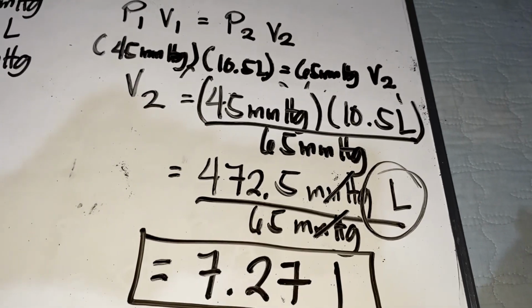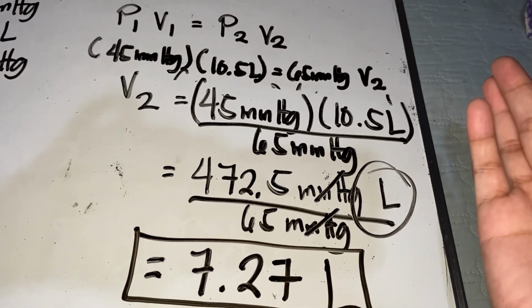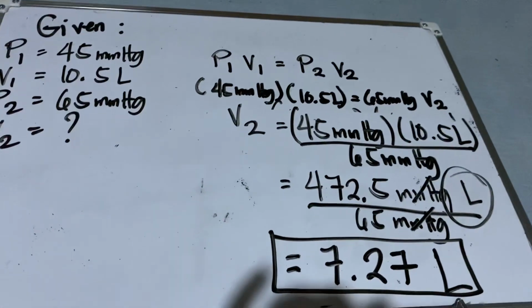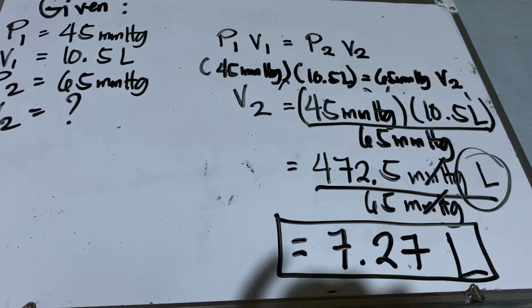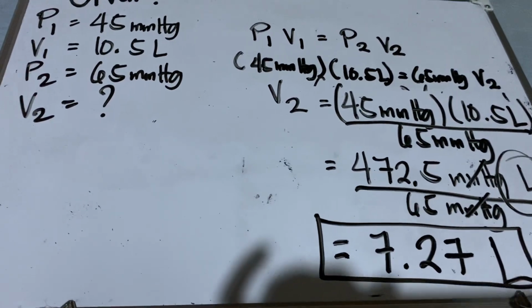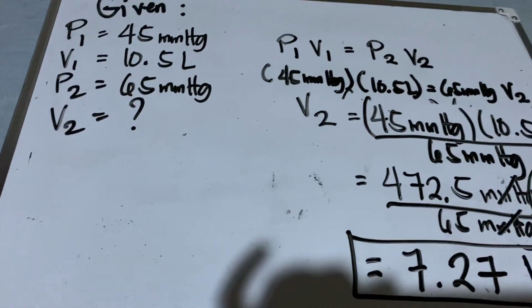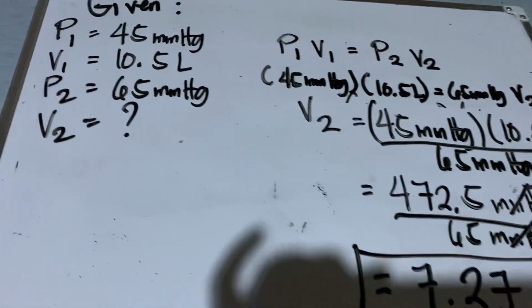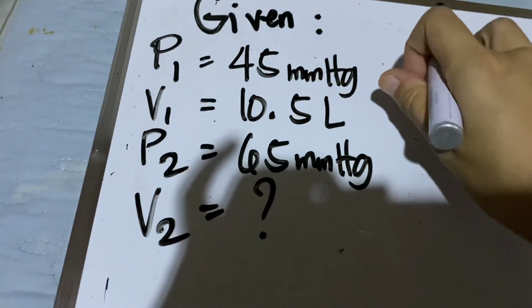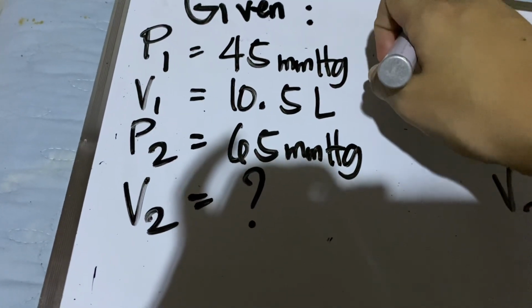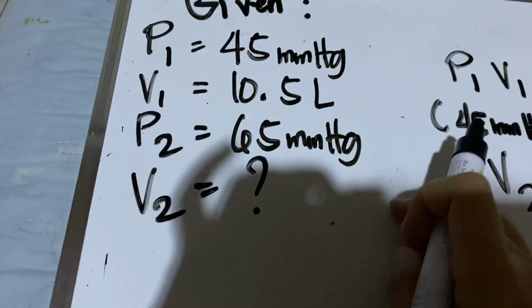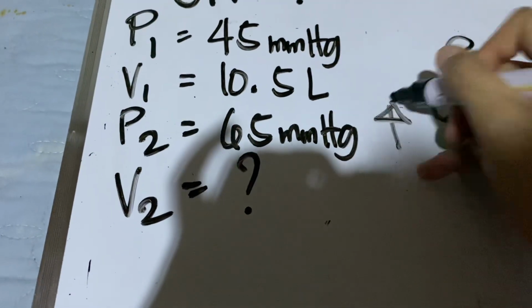So this is how easy it is to solve problems related to Boyle's law. Going back to the relationship between pressure and volume according to Boyle's law, it stated that these two are inversely proportional to each other. Now let us check to see if it's correct. The initial pressure is 45 millimeter mercury, and it increased to 65 millimeter mercury.